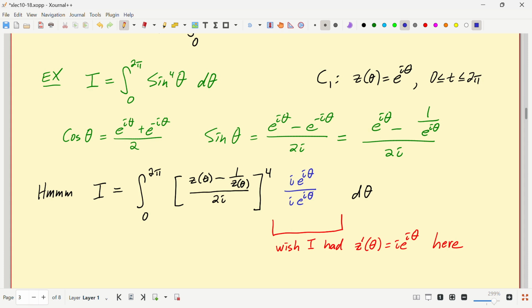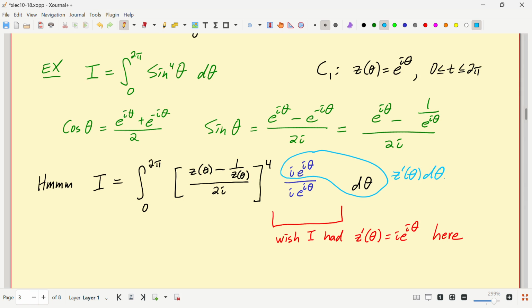And look at this piece right here, that's z prime of theta d theta. That's the piece I want. And what luck, this part here is i z of theta.